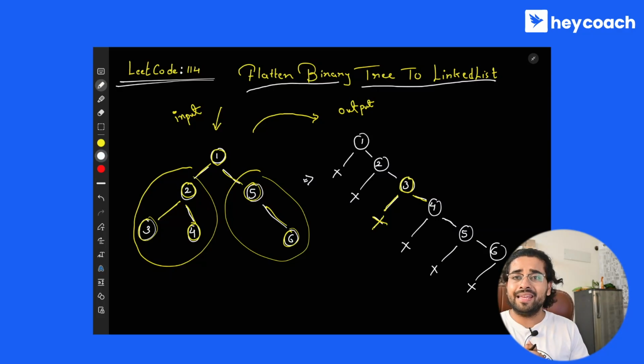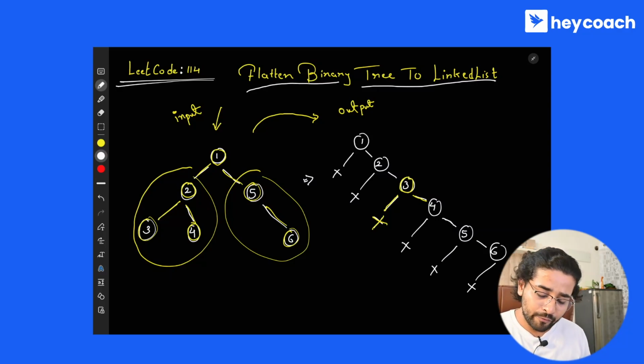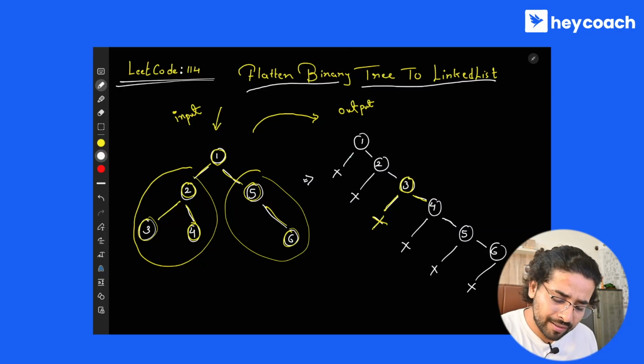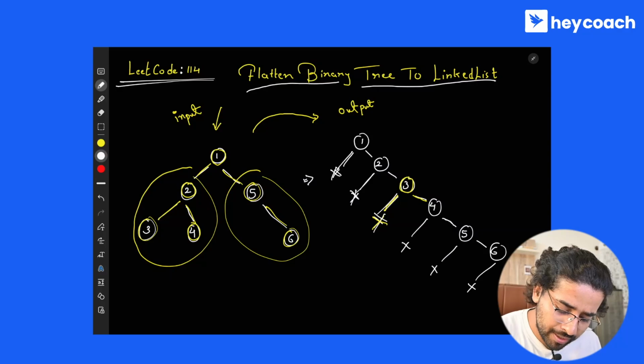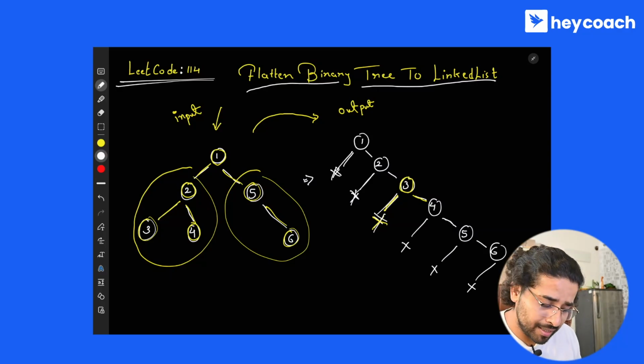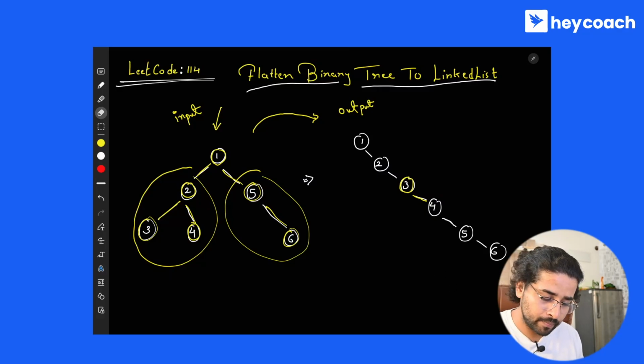Now the question arises how we are going to convert this binary tree into a flattened linked list. What is the logic behind it? Every student, I guess, got to know that all the left children are null. That's why the structure looks like this.